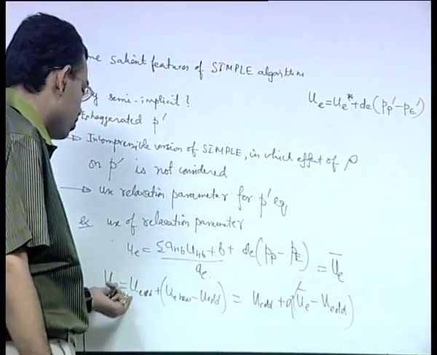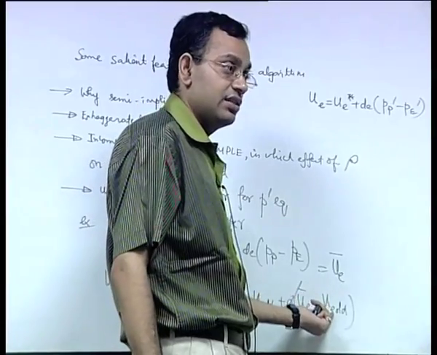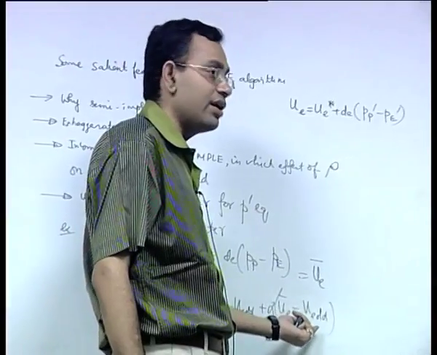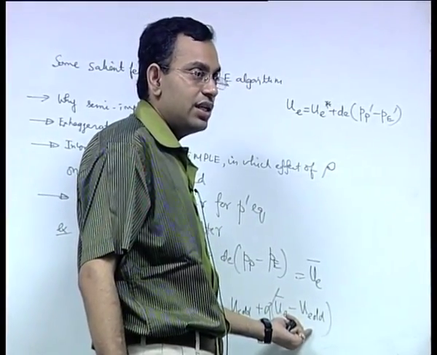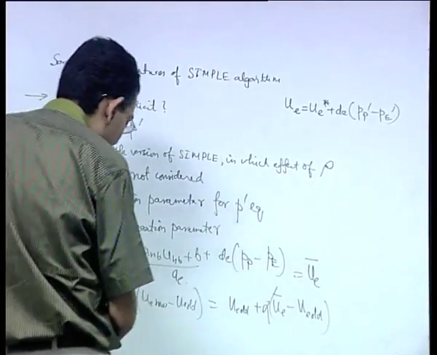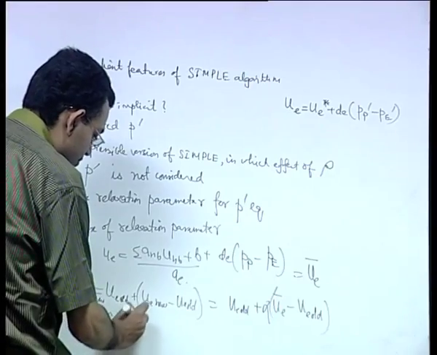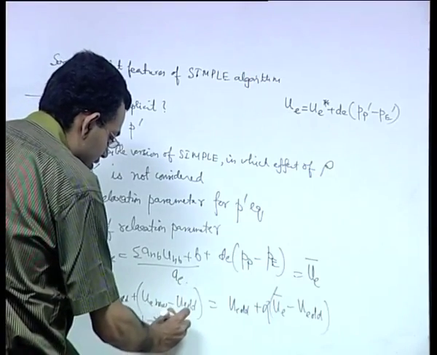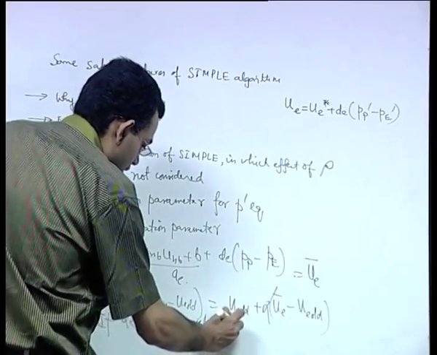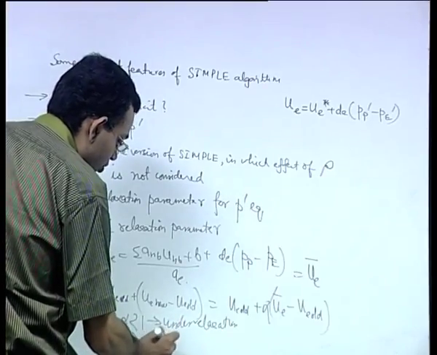So, u new is equal to u old plus the change. So, if this alpha is less than 1, that means you are slowing down the change. If alpha is less than 1, it is called under relaxation. If alpha is greater than 1, it is over relaxation.